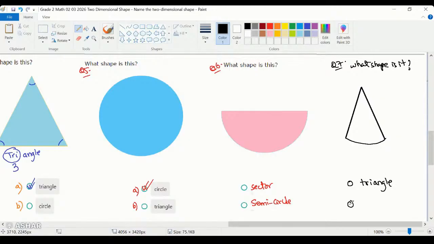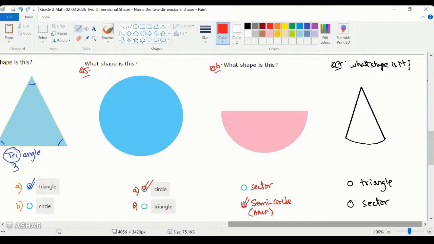The second option is a sector. Okay. Thank you, Deborah. Thank you, Semi. Thank you, May. Thank you, Michael. We agree that question number 6, this is a semicircle. Semi means half. Half circle, right?